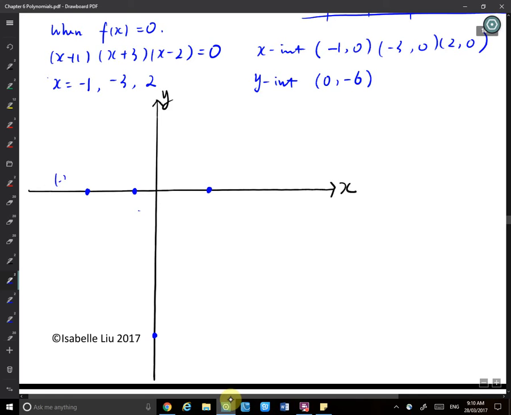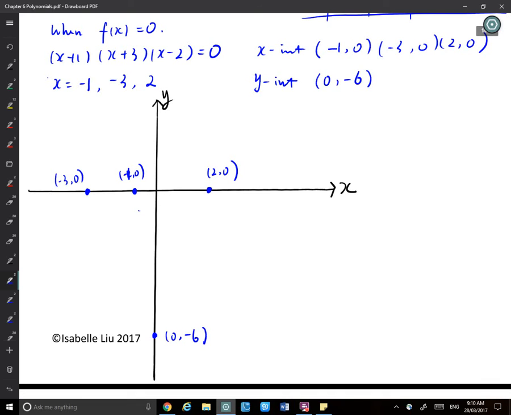So we have (negative 3, 0), (negative 1, 0), and (2, 0), and I have (0, negative 6).